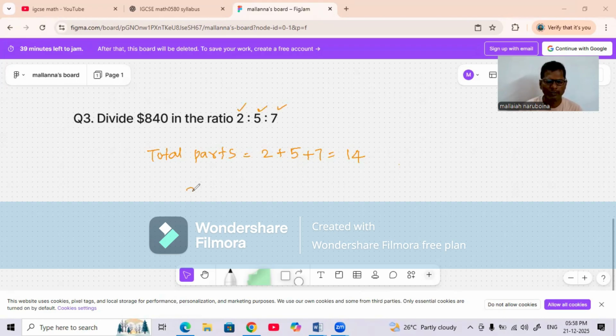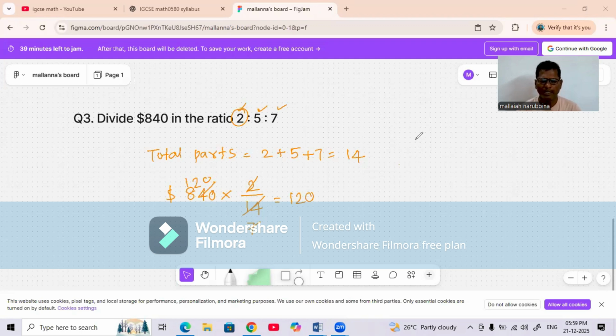First write the amount $840 over the total parts, 14. Out of these 14 parts, we have to find 2 parts. So write 2. 7 ones are 7, 7 twos are 14, 0. So 120. The first part is $120.